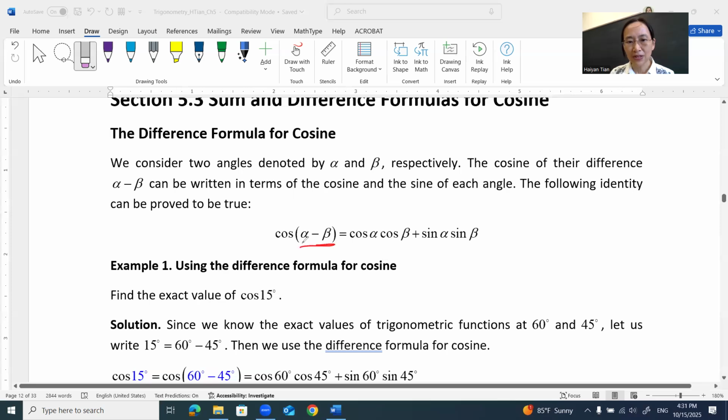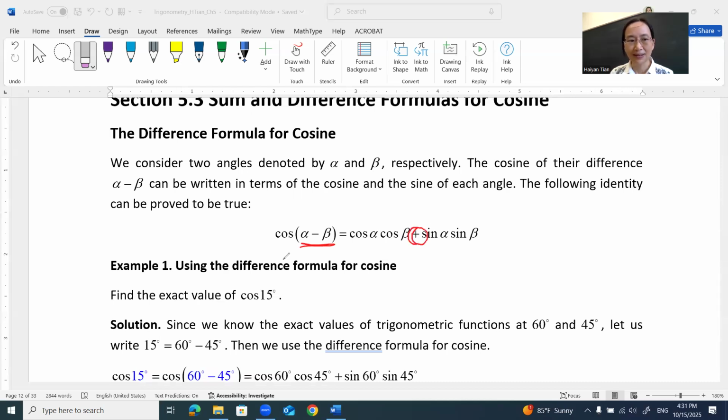You have a difference of alpha and beta, however, the other side has a plus sign. This identity is true for any alpha and beta. When you apply this identity, be careful that when the left-hand side is a difference for cosine, the other side is a plus. It's a sum of the two products.